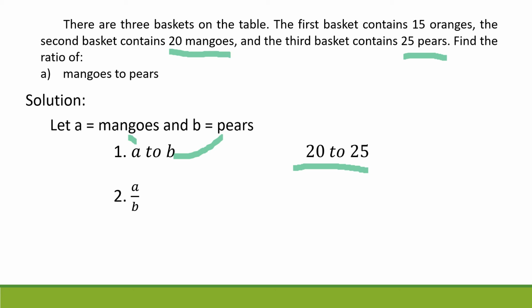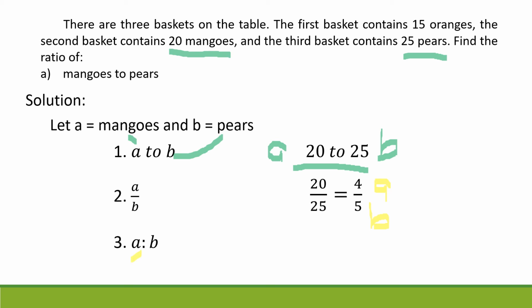For number 2, A over B. So, ang A natin ay 20. Ang B naman natin ay 25. So, mayroon tayong 20 over 25. I-simplify lamang. 20 over 25 is equal to 4 over 5. For number 3, A is to B. Ang A natin ay ang numerator. Ang B natin ay ang denominator.